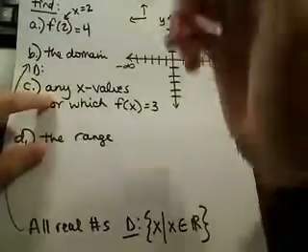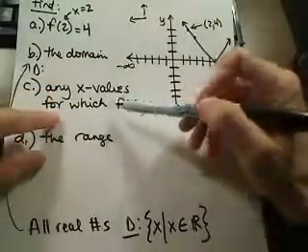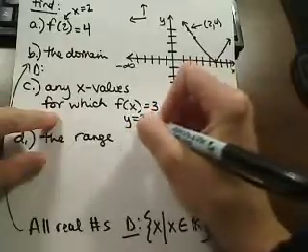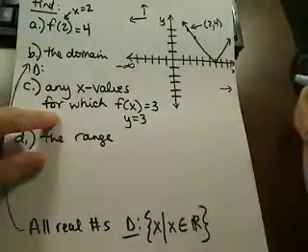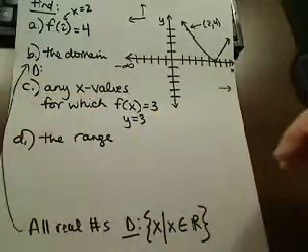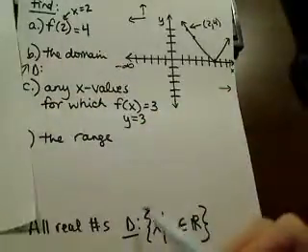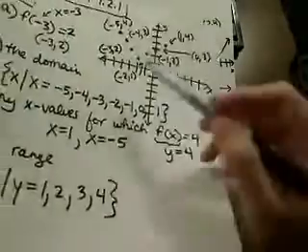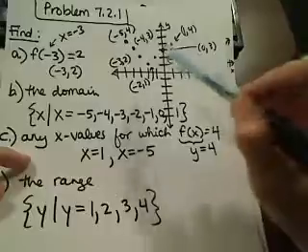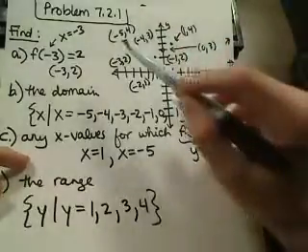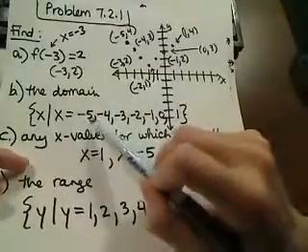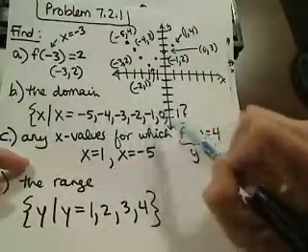Okay. Part C here, any x values for which f of x is equal to 3. So again, this is y is equal to 3. Before I do this, let me make the point that I was going to make. The difference between listing the domain here and listing the domain here: the domain here was just singular individual points. There was no line connecting these things together, which is why in our domain we listed these as individual points.